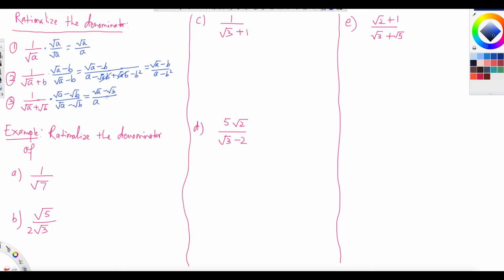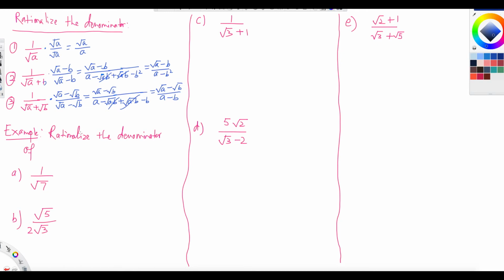Root a times negative root b is minus root a b, and then root b times root a is plus root a b, and then root b times negative root b will be negative b. You see that? You cancel out again. So your final answer is root a minus root b, divided by a minus b. See, the denominator is free from roots. This is how we rationalize the denominator.